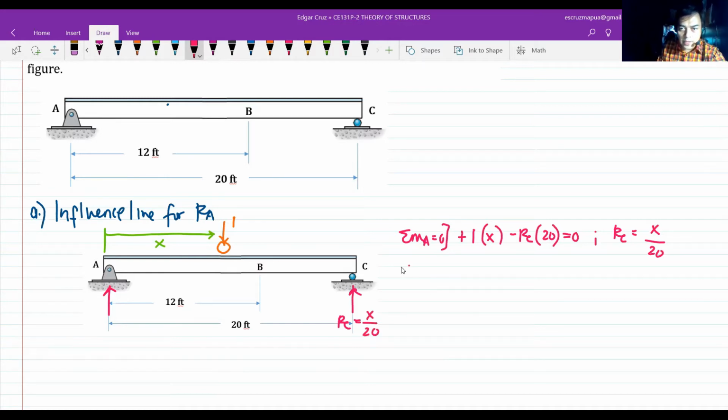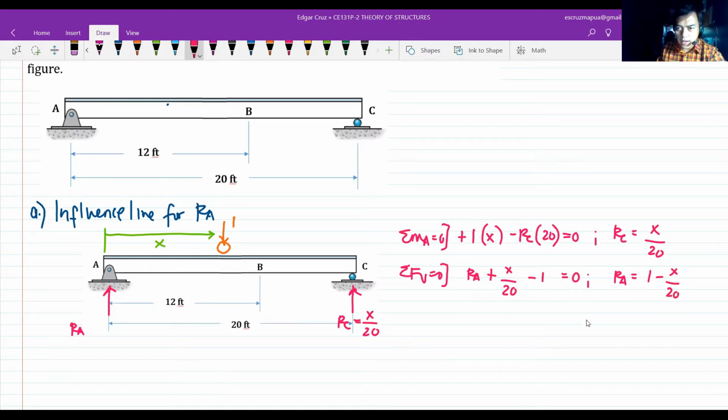Now, if we sum up forces vertical equal to 0, so we have RA here. RA plus RC, RC is X over 20, minus 1 equals 0. So therefore, RA is equal to 1 minus X over 20.